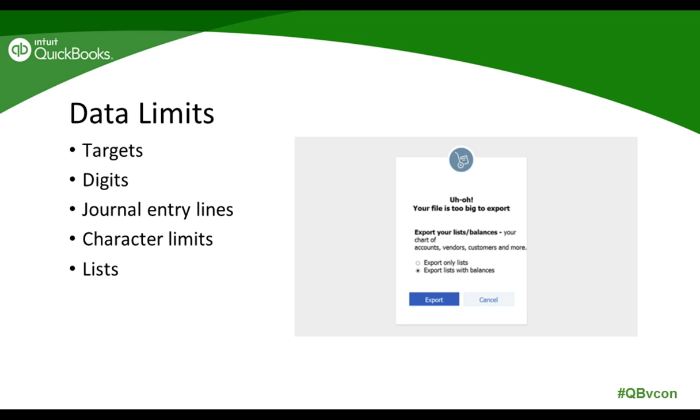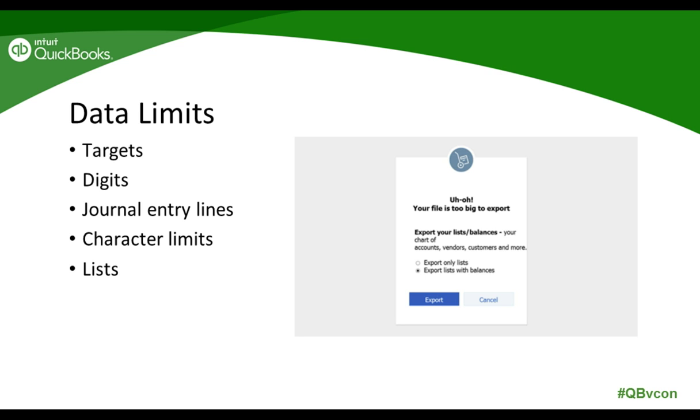And there is a limit if you want to use the conversion tool in QuickBooks Desktop and push that data file to QuickBooks Online: your QuickBooks Desktop data file must have fewer than 350,000 targets in order to use that conversion tool.